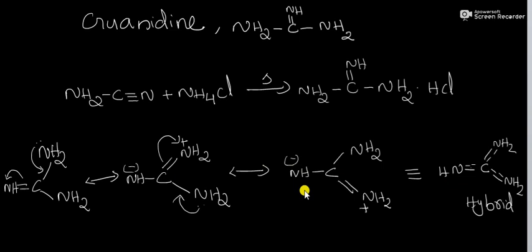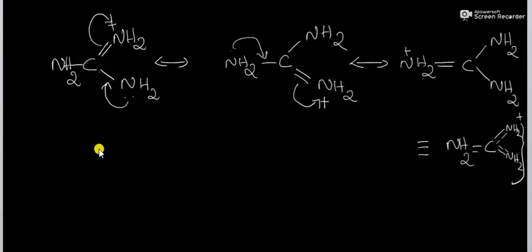And also the cation, that is the protonated guanidine formed, is stabilized by resonance structures. This is our protonated guanidine. Here the negative charge abstracts a single proton and we get this structure, NH2-C(=NH2+)-NH2.